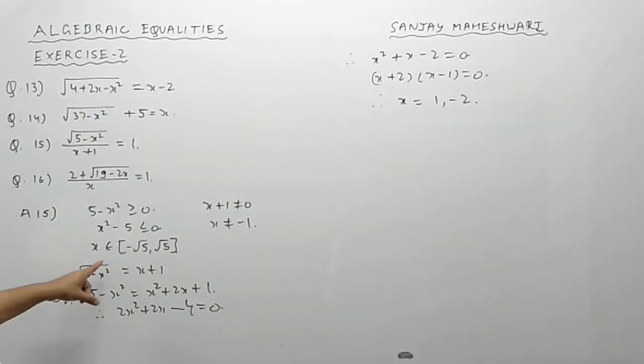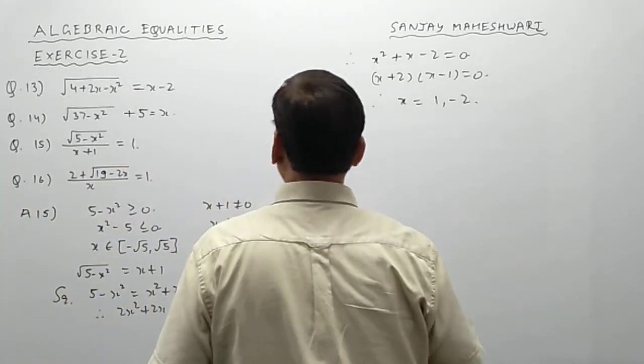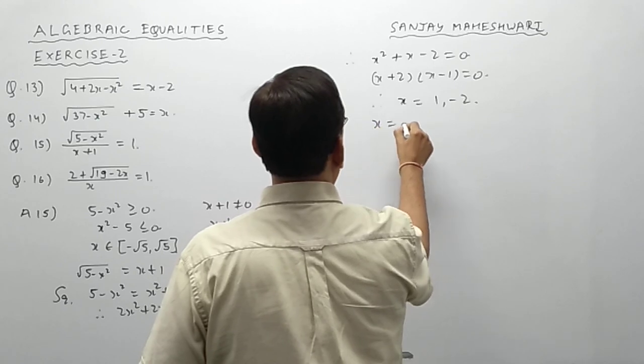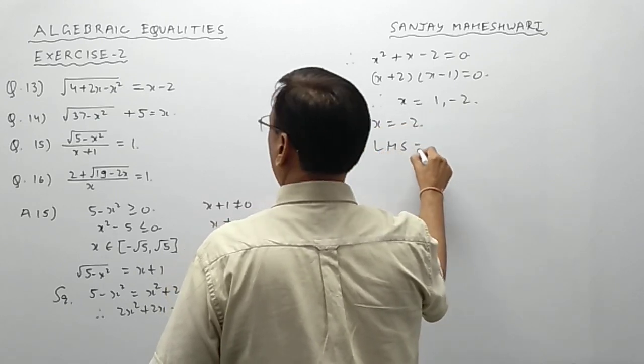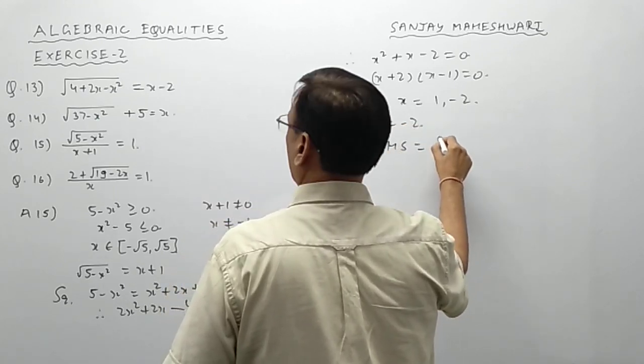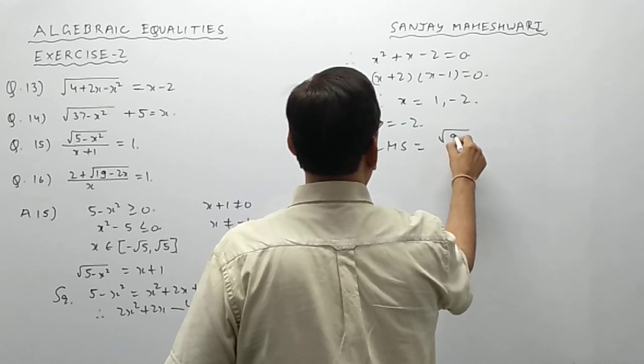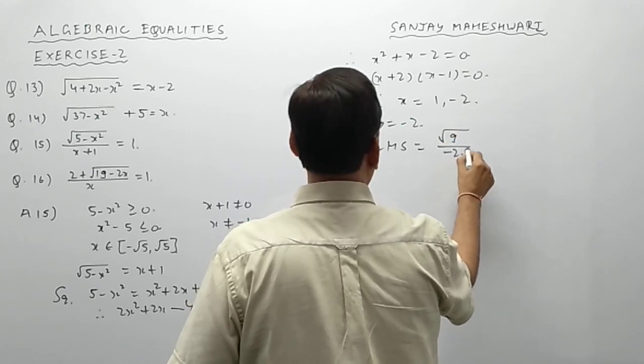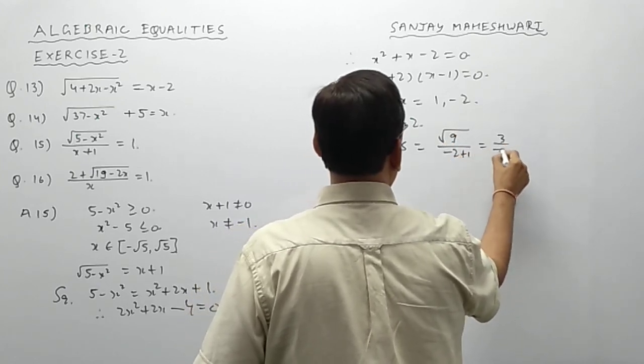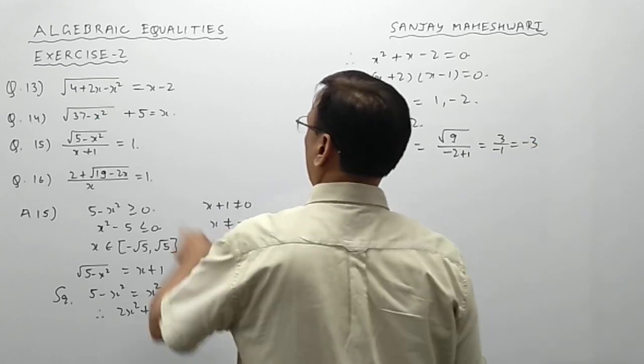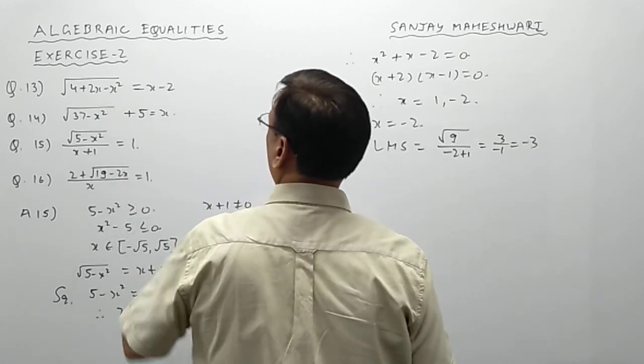Minus 2 and 1. So let us check one by one. If we put x equal to minus 2, LHS equal to root 9 divided by minus 2 plus 1, that is equal to 3 upon minus 1 is equal to minus 3, which is not equal to right hand side.